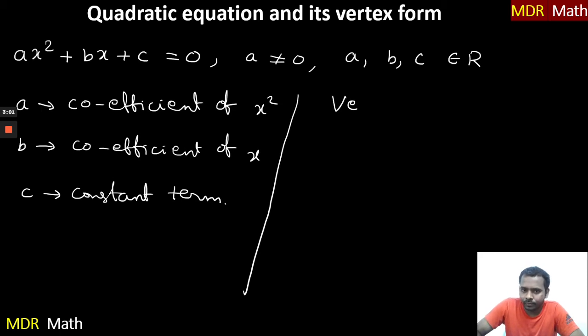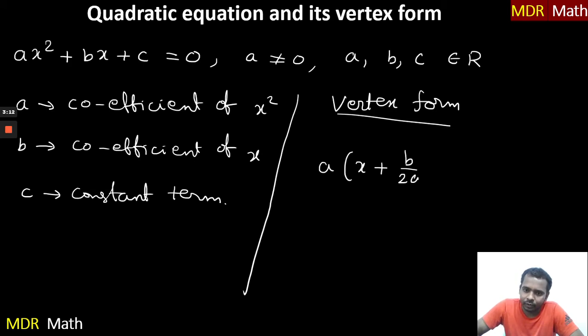Now, coming to the vertex form. The vertex form of this quadratic equation will be a into x plus b by 2a whole square minus b square minus 4ac by 4a square is equal to 0.